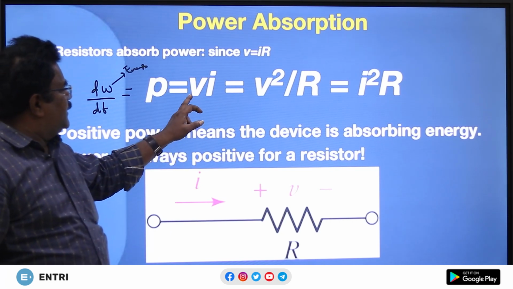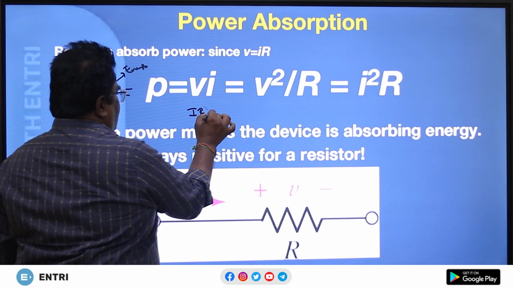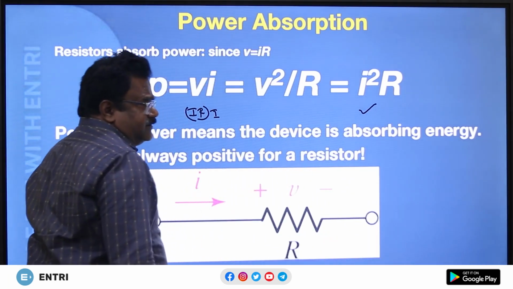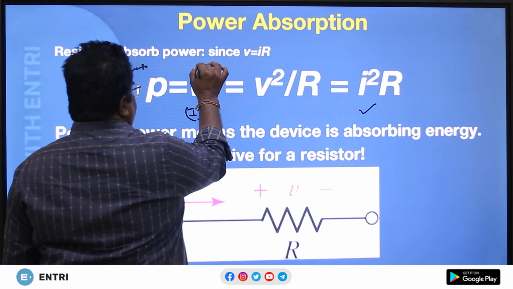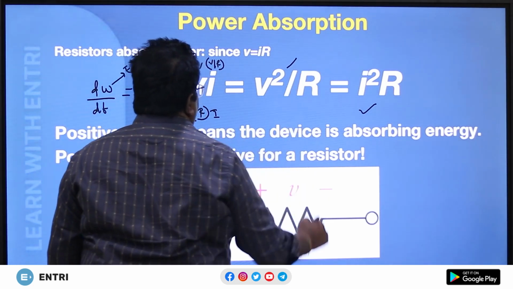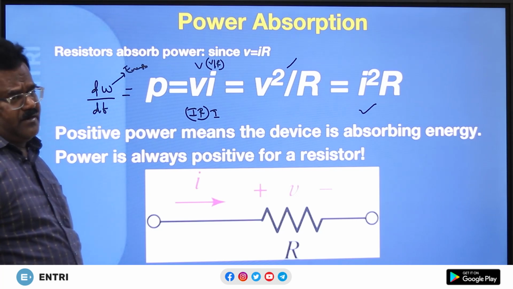If you replace this voltage by I into R, see here, if it is replaced by IR into I, you will get I square R. Or if V is the same and I is written as V by R, then V square by R is also correct. You may get a number of formulas for power.